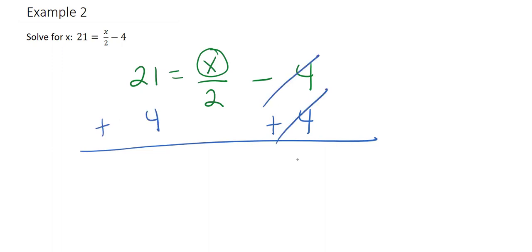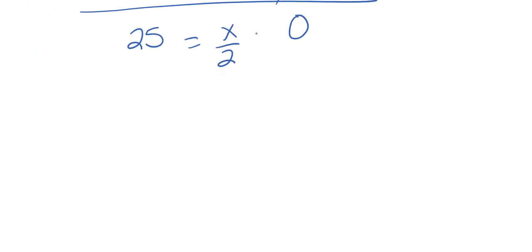So we take care of that because that just becomes 0. So on the right-hand side, we have x over 2. Now 21 plus 4, that's 25. So we're really left with 25 is equal to x over 2. So we're done adding.